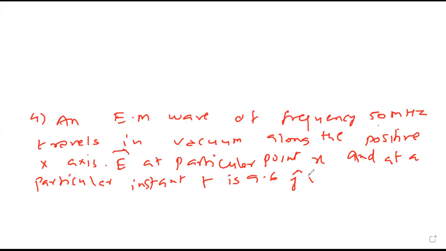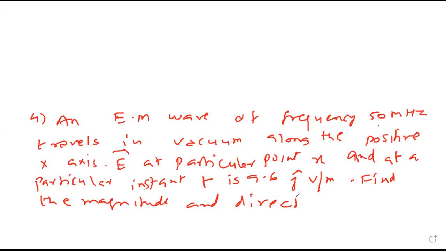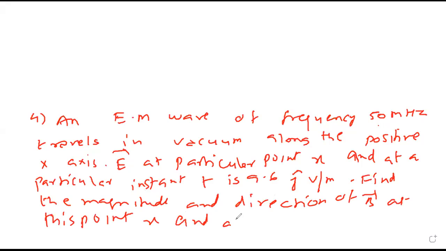J cap means it is along the y axis. Volt per meter is its unit. Find the magnitude and direction of B bar at this point x and at instant of time t.